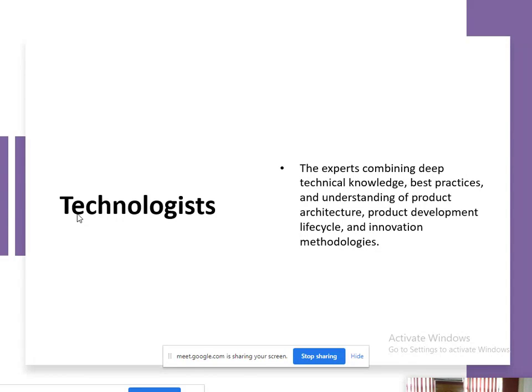This all comes from your life cycle part, and then technologists will look after that, because technologists will first make some prototype of their product, and after that they will implement their technical part on that prototype, and after that they will make the innovation project.